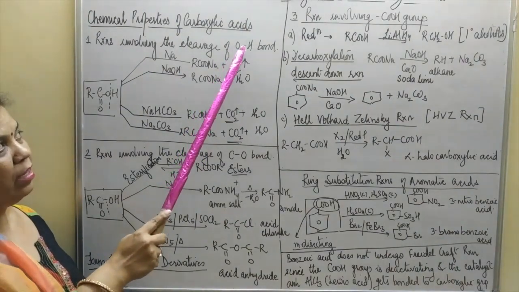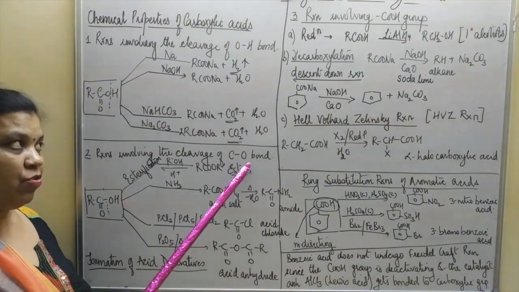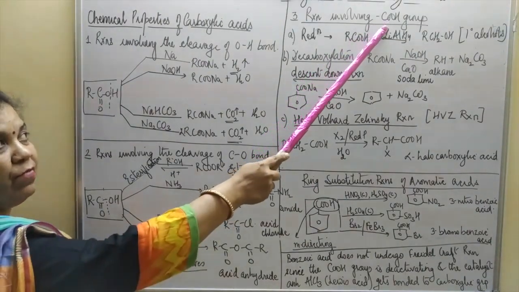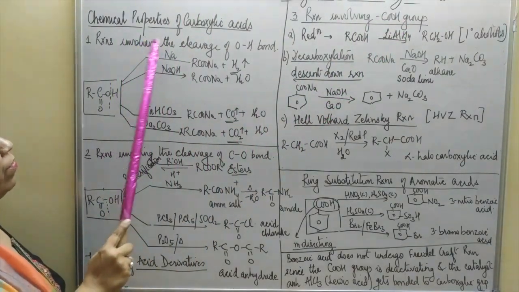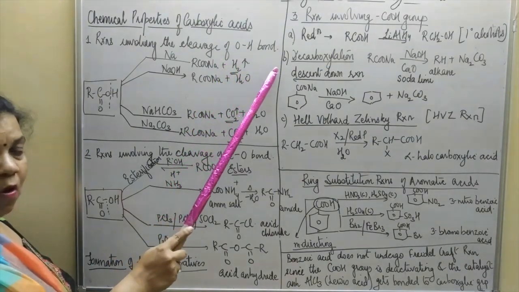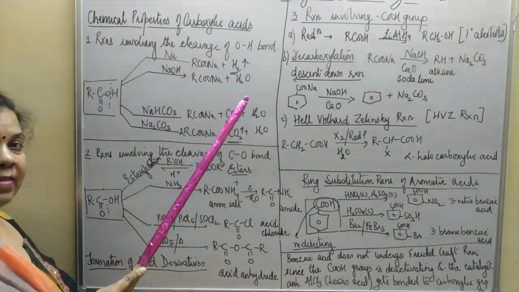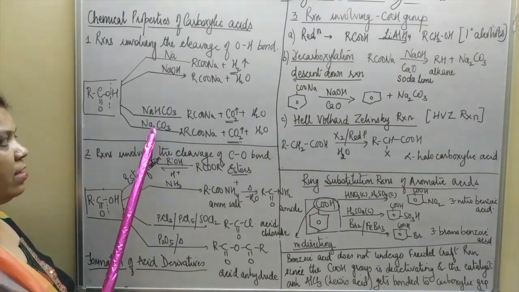We will study the properties of carboxylic acid in three categories: reactions involving the cleavage of the O-H bond, reactions involving the cleavage of the C-O bond, and reactions involving the COOH group as a whole. Let us start with the very first, reactions involving the cleavage of the O-H bond, responsible for the acidity of carboxylic acid. With four different reagents, let us see.